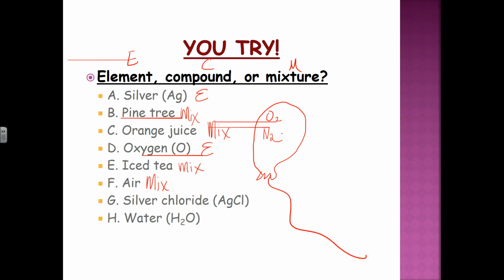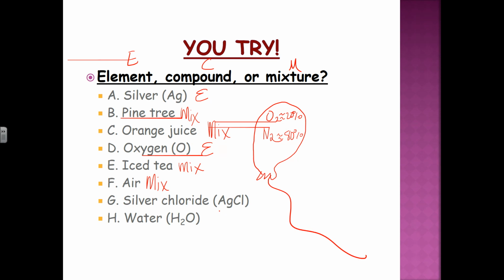And there are some other tiny amounts, but the air in the room is approximately 80% nitrogen and approximately 20% oxygen. So the fact that you have two different gases, or really more, because there are some other tiny amounts of gases, that makes it a mixture.